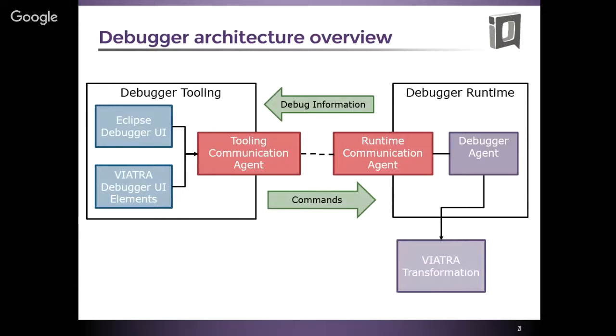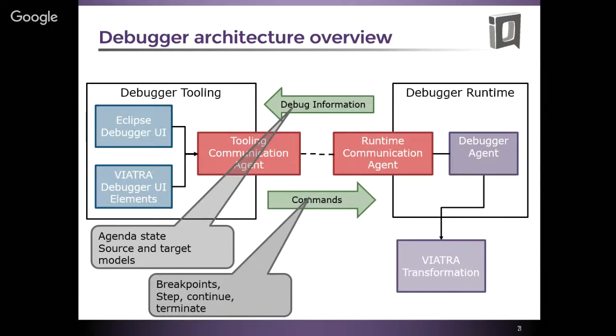The tooling side then displays this information. The user can select whether the transformation should continue or terminate or just step. Then the selected command is sent back to the debugger agent, which then allows the transformation to continue according to the selected command.